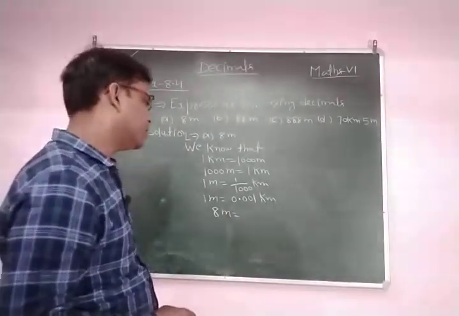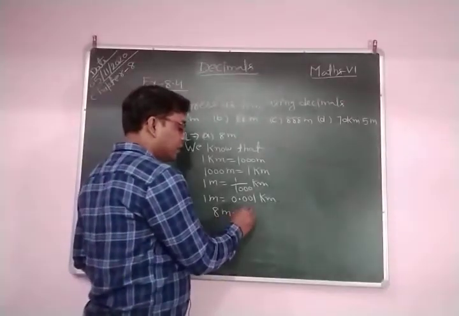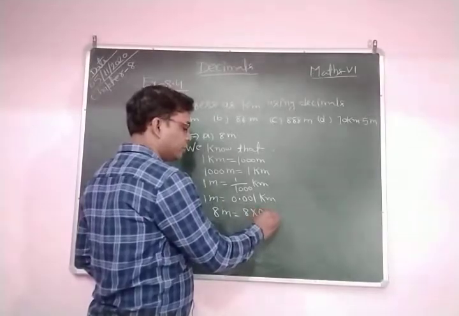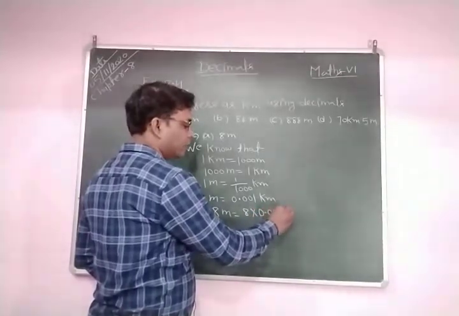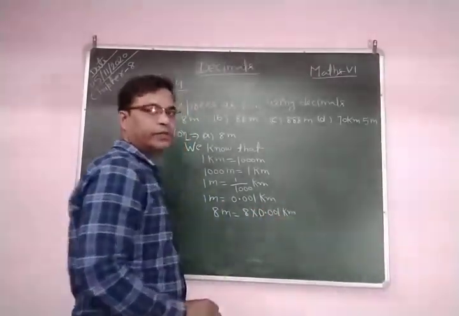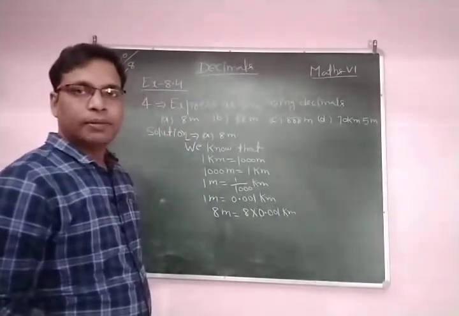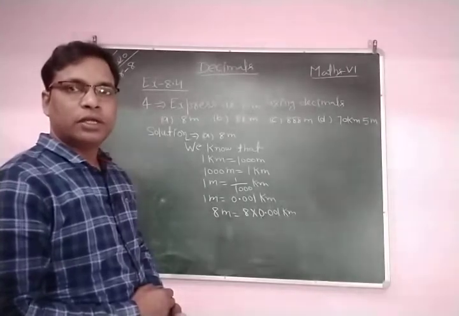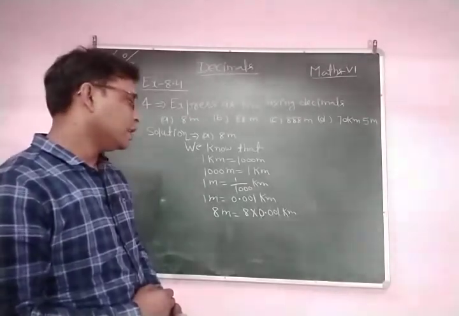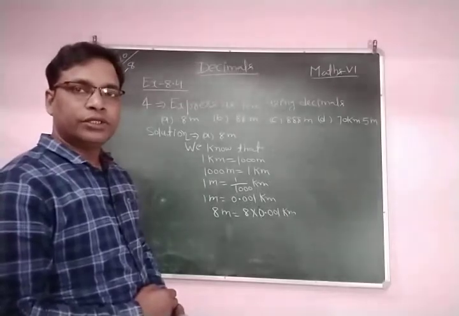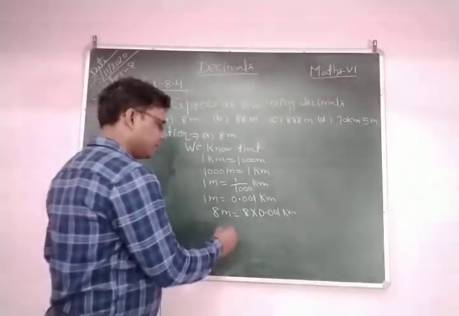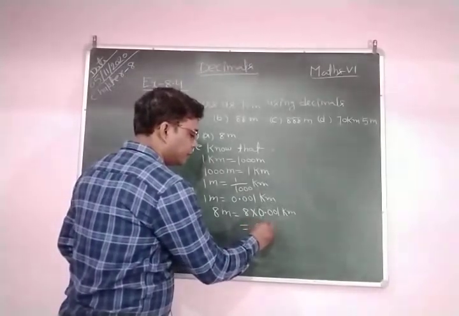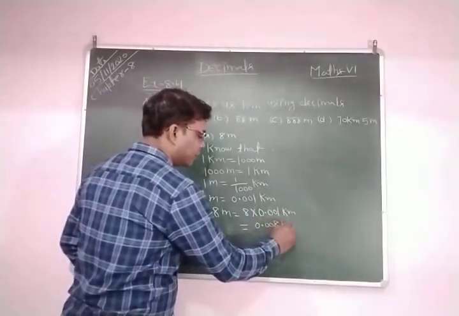So we have 8 meter. We can write here 8 meter into 0.001 kilometer. If you multiply 8 by 0.001 kilometer, then you obtain 0.008. So it becomes 0.008 kilometers.